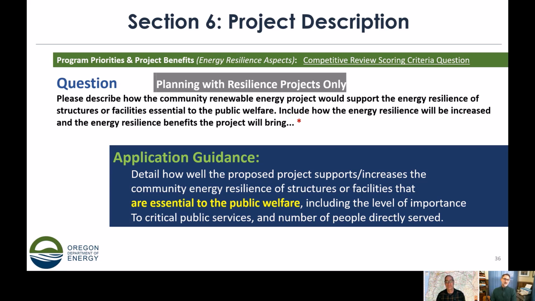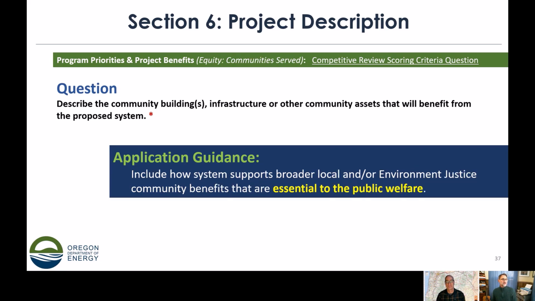Yeah, I think that's a great assessment there. And so with that, we're going to continue on into this next section 6 question. The key question is: describe the community buildings, infrastructure, or other community assets that will benefit from the proposed system.